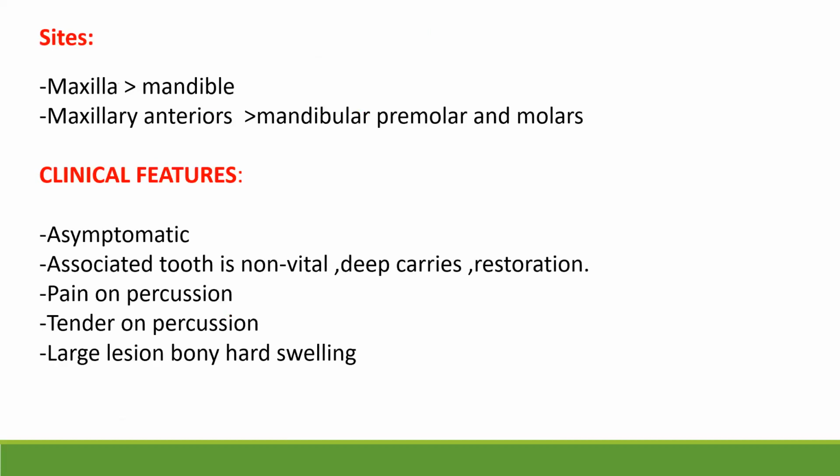The most common site is maxilla, then mandible; maxilla anteriorly, then mandibular premolar, and then molar. Clinical features: it is asymptomatic, generally associated with non-vital deep caries and restoration, pain on percussion, tenderness on percussion present, and a large lesion shows hard bony swelling.